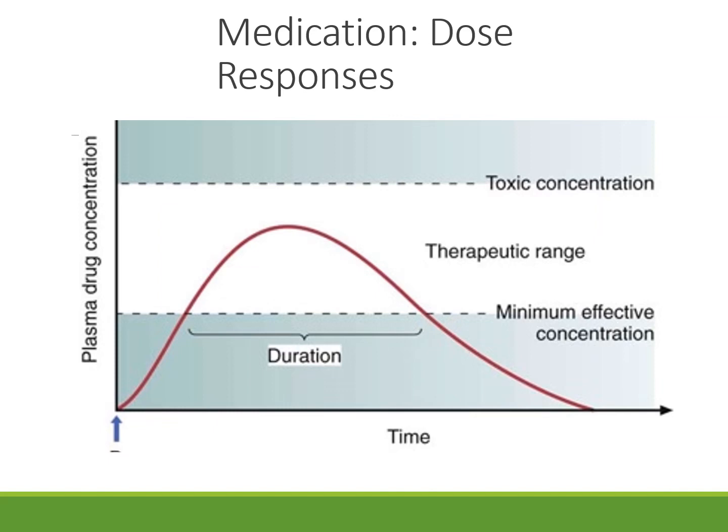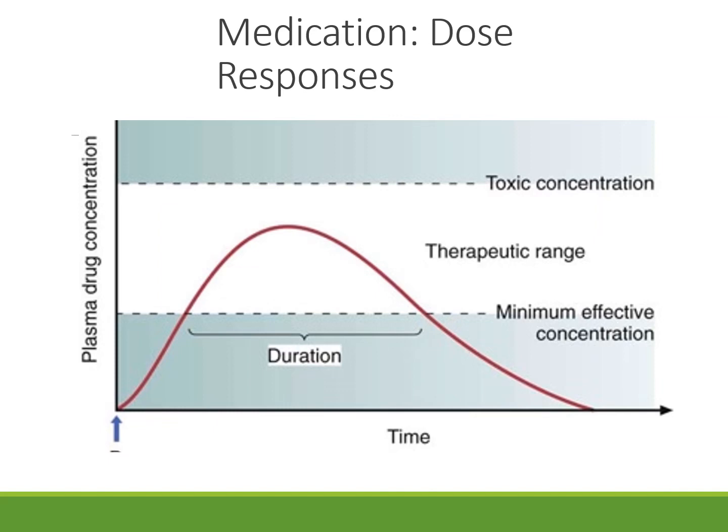Then this is the minimum effective concentration, that refers to the level of medication in the patient's blood in order for it to take effect. The therapeutic range is the maintenance level of the medication in the patient's blood in order for it to be therapeutic or effective.